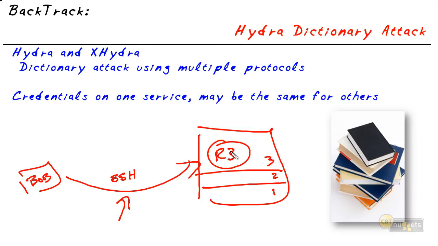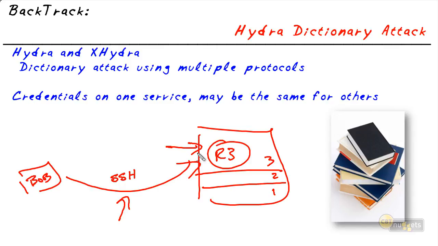Well, if Bob's using SSH to manage it, he has this encrypted session between him and the actual router itself. It's not going to help us too much to eavesdrop on the encrypted data. But what we might do is go ahead and do a dictionary attack against router 3. A dictionary attack is when we simply try to log in over and over again using all the words in a dictionary list.